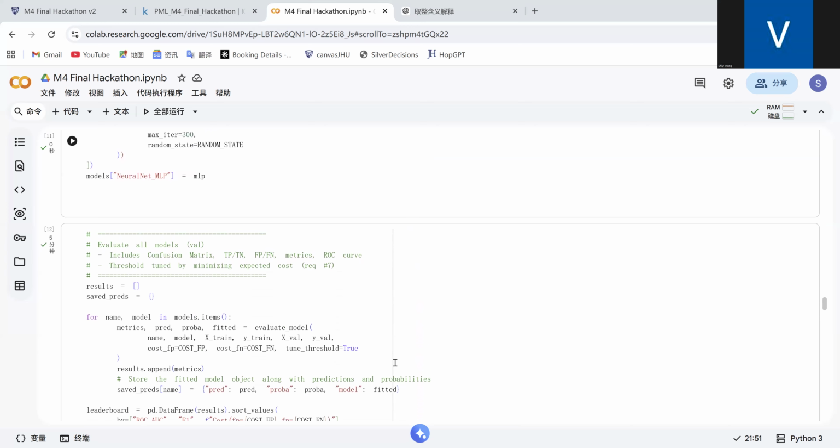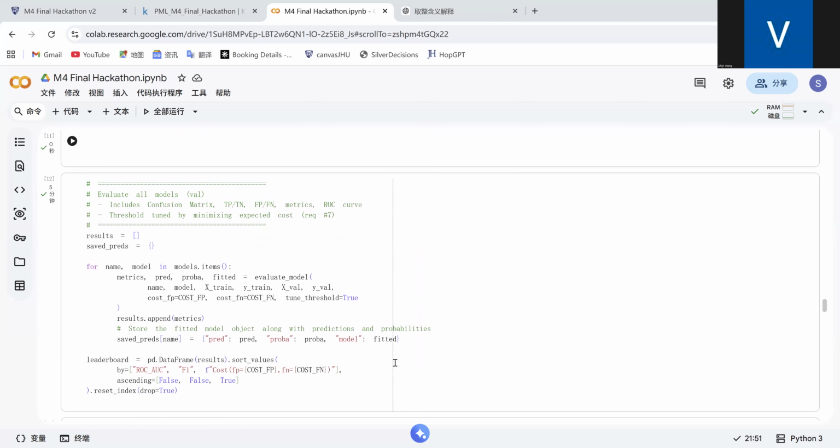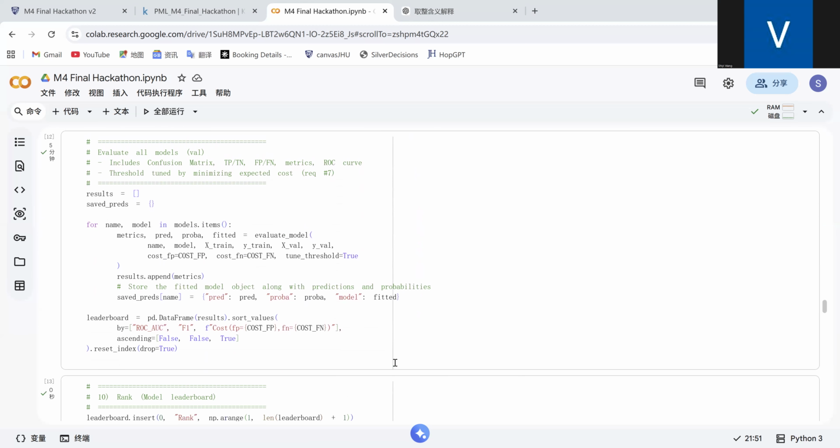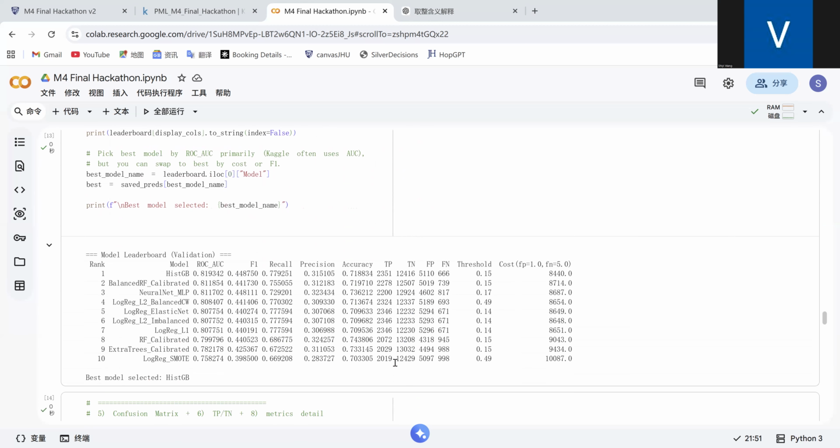For model evaluation, I did not rely on accuracy. I computed confusion matrices for all models, explicitly reporting true positives, false positives, true negatives, and false negatives.